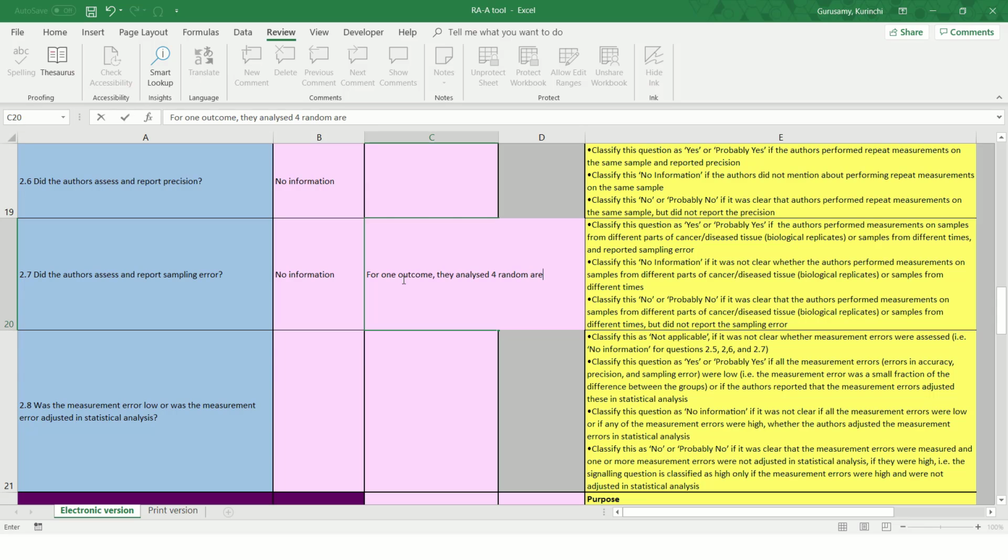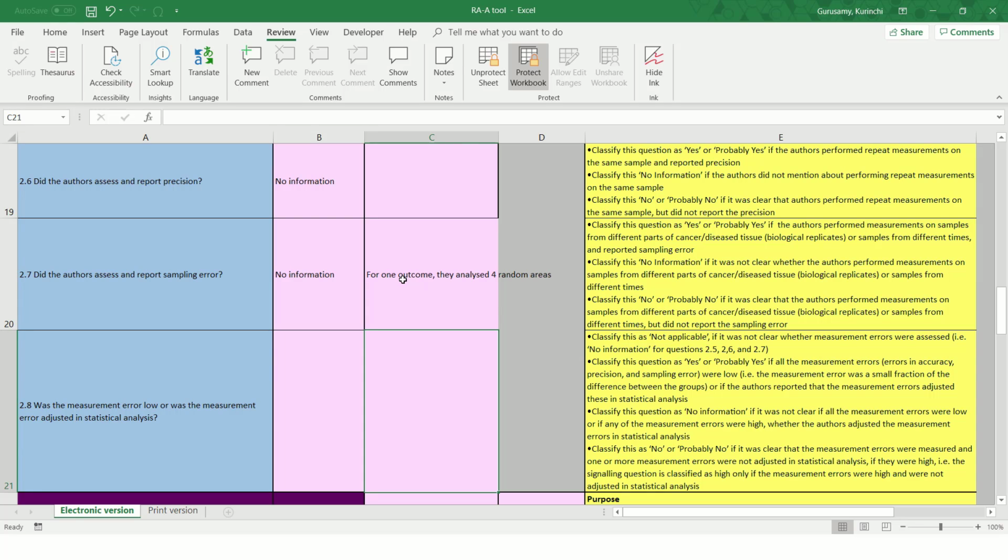If you're faced with this situation, I would recommend that you fill in these details for the primary outcome based on which the conclusion was made. The other thing is here we don't know which is the primary outcome and which is the secondary outcome. We just know there are multiple outcomes. Most of the outcomes had no information, so I've gone with what most of the outcomes tell me.